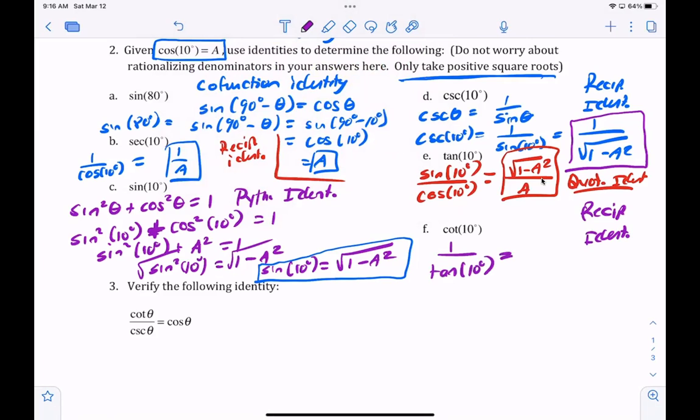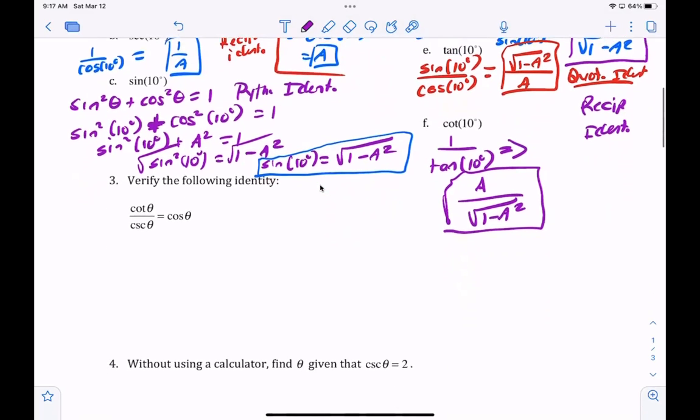And 1 over tangent 10 is the reciprocal of what we just found, right? So we just found tangent 10. So this is going to be the reciprocal of the line above. So this will be a over the square root of 1 minus a squared. So we have successfully used identities to find all these trig values.